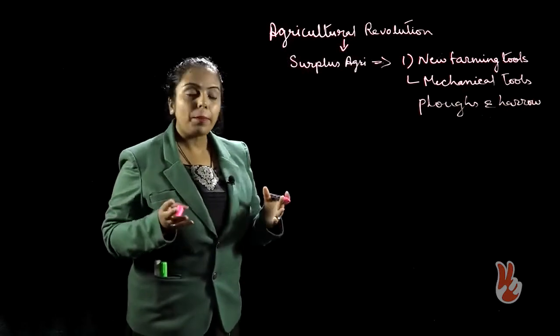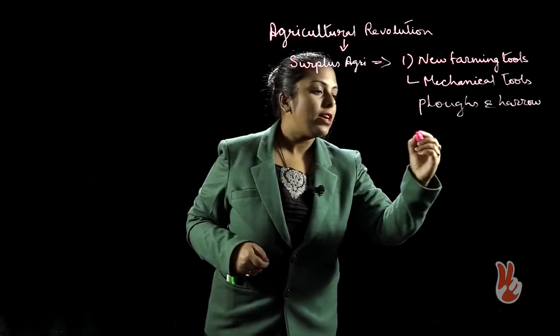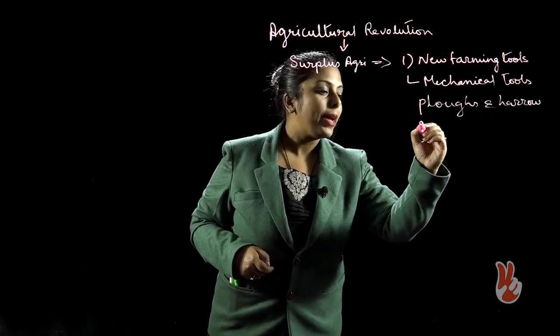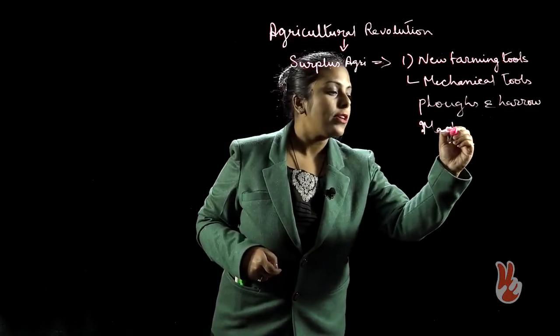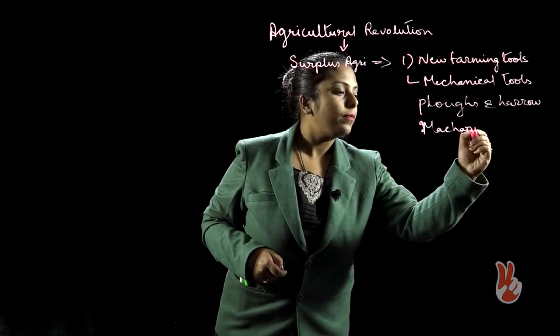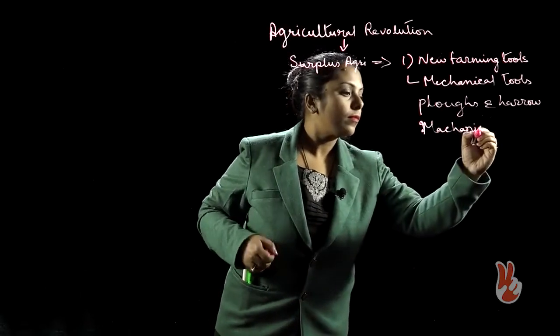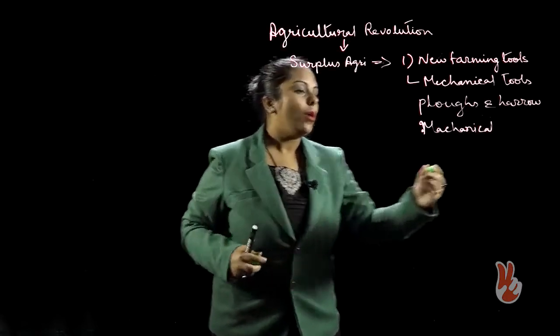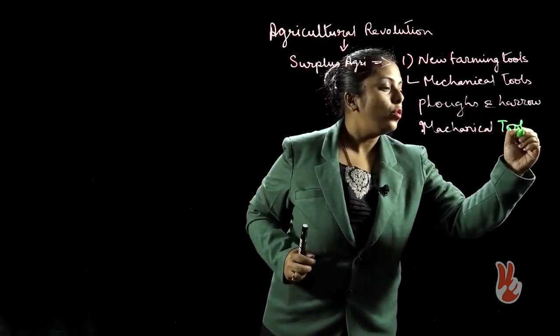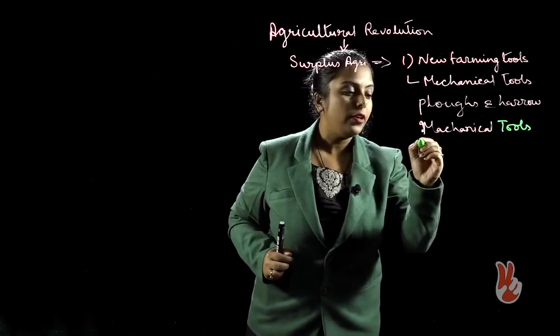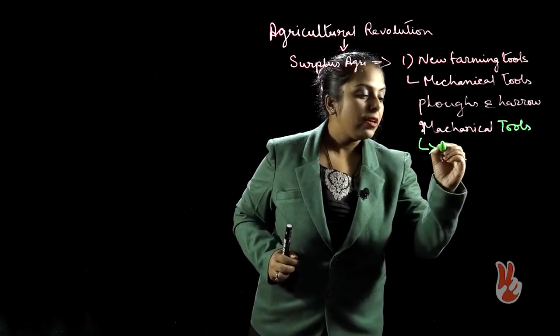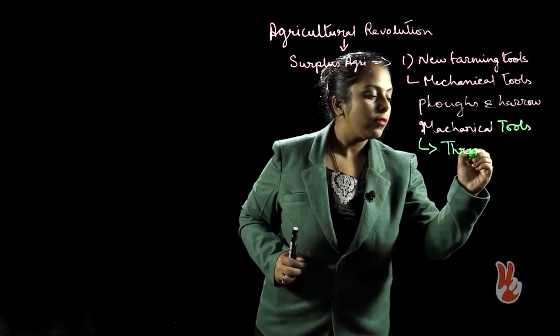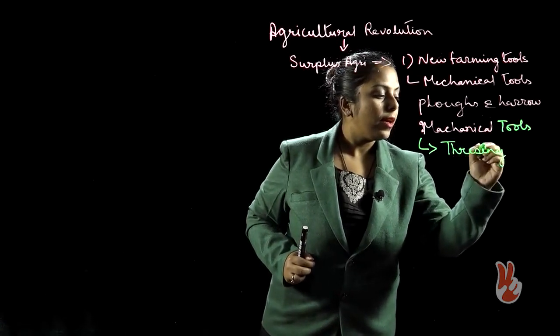Similarly, for reaping and threshing there were steel or iron mechanical tools available.